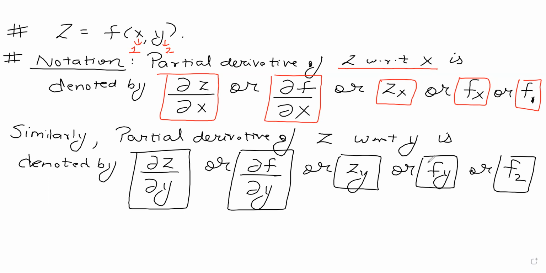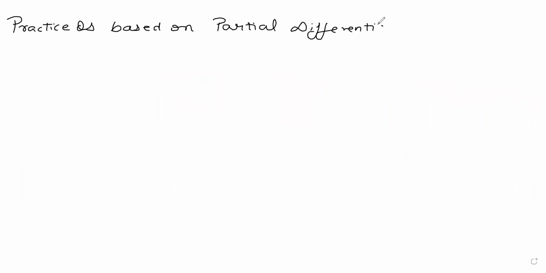Now let us actually practice questions on how to partially differentiate. So if I erase this off, let us look at a few practice questions based on partial differentiation. Now you are going to follow the same rules which we had learned in the mathematical methods for economics course.